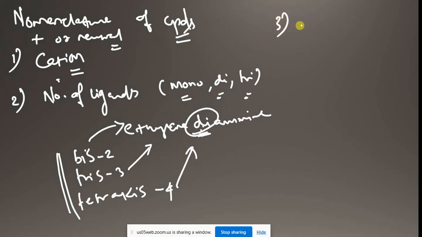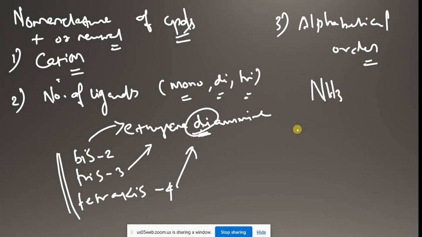Next, alphabetical order. Write the ligands in alphabetical order. Let me give an example. Listen here. NH3 is a ligand; we call it amine. And CN minus, we call it cyano.